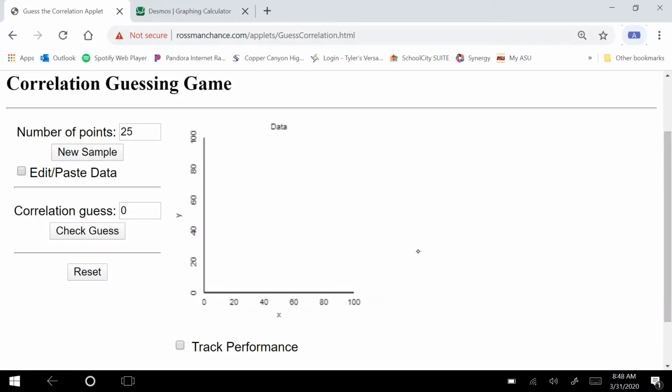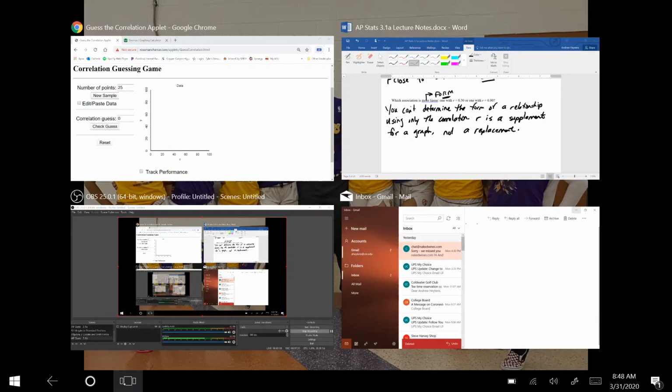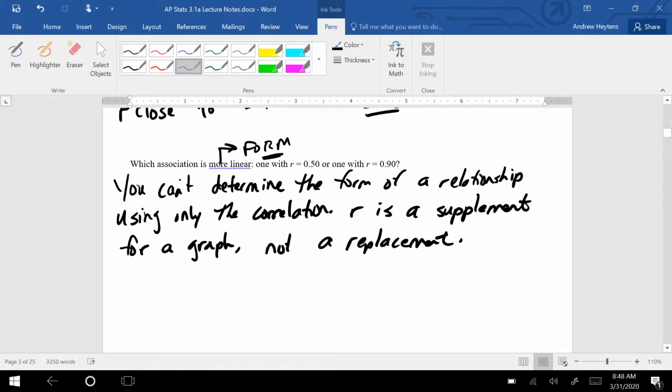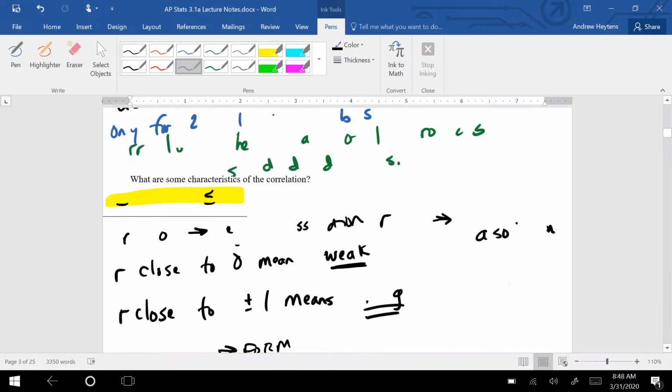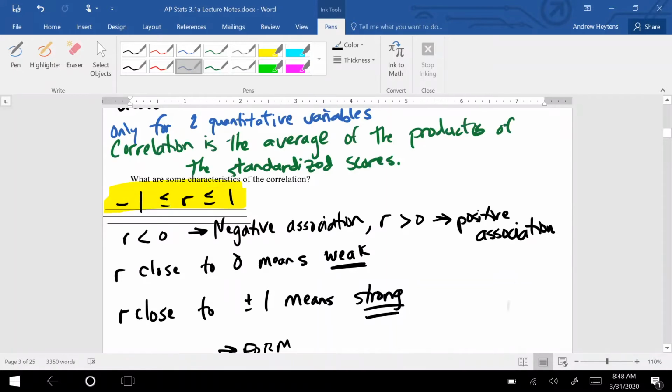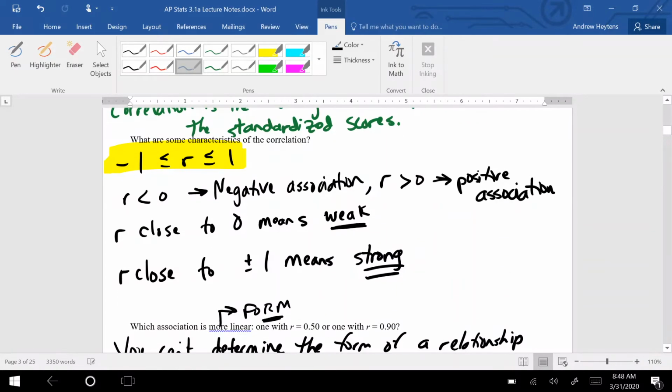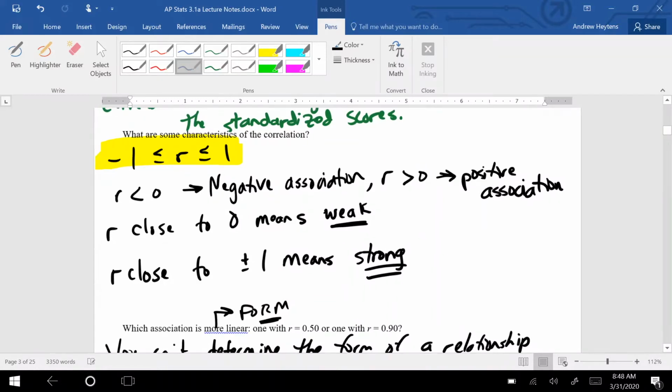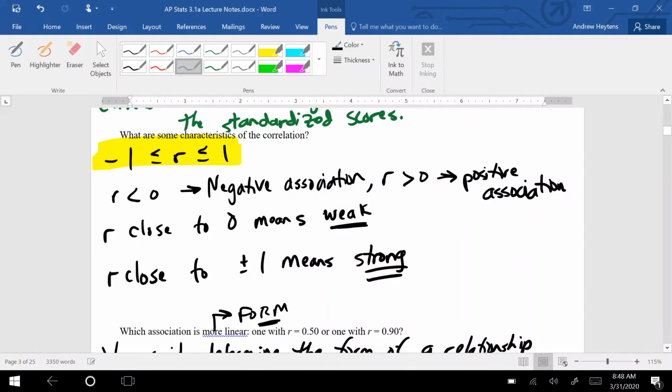Go back to the characteristics section. You're going to be trying to guess the R value based on the scatter plot I put up. Remember, your guess has to be between -1 and 1. If it's negative association, it's less than 0. If it's positive association, it's greater than 0. Close to 0 is weak. Close to plus or minus 1 is strong.